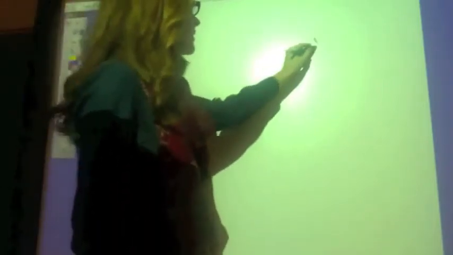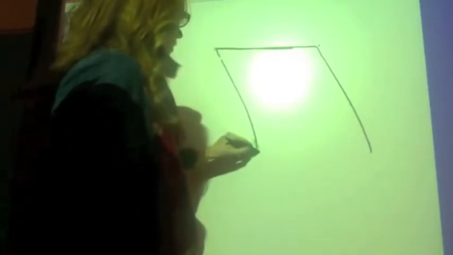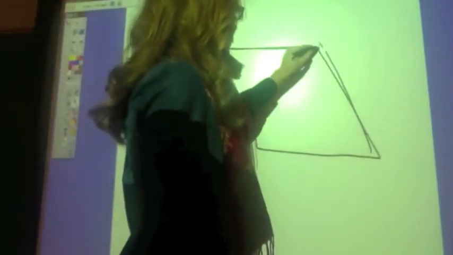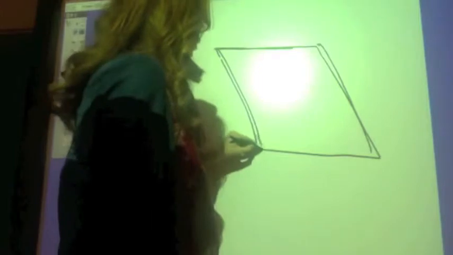So let's start with basic elements of geometry. So first we have our plane. And on our plane we can have our different elements of geometry.